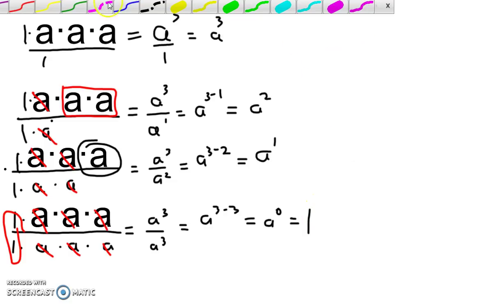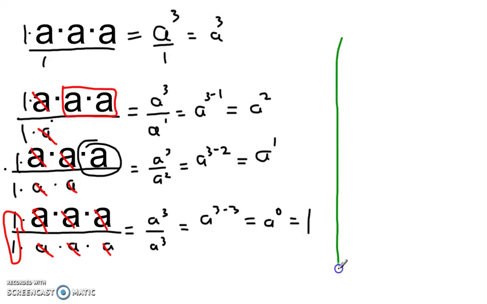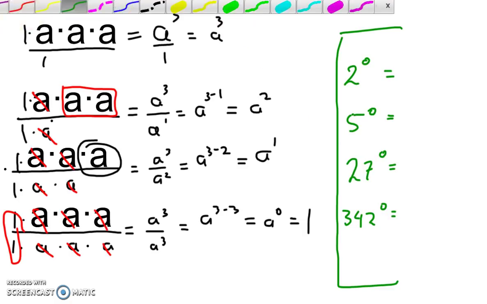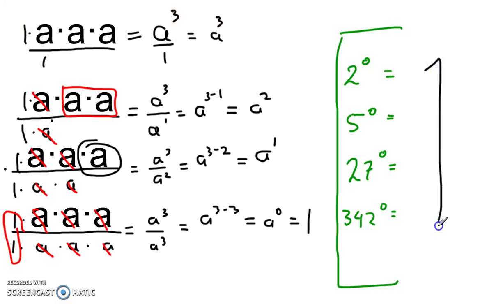Alright, so make yourself a big note here. Anything to the 0 power is 1. So if I have 2 to the 0 power, 5 to the 0 power, 27 to the 0 power, or 342 to the 0 power, all of these, alright, make yourself a big and bold 1.